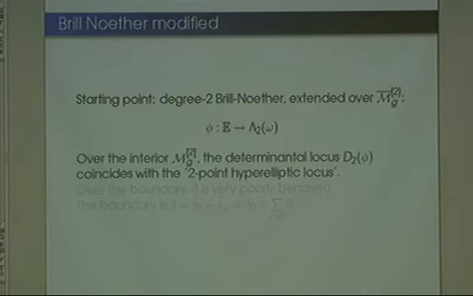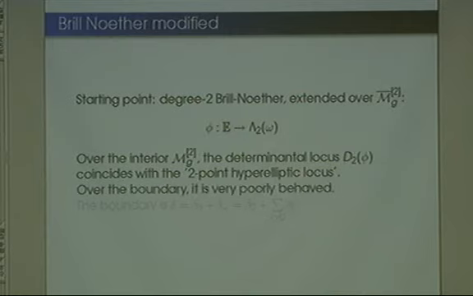Now, as long as you are working on the interior of a smooth curve, if you look at the determinantal locus, D2 of E, that is where the 2 by 2 minors of the matrix in any local basis vanish, this is the same as the so-called 2-point hyperelliptic locus consisting of a hyperelliptic curve together with a pair in the hyperelliptic system.